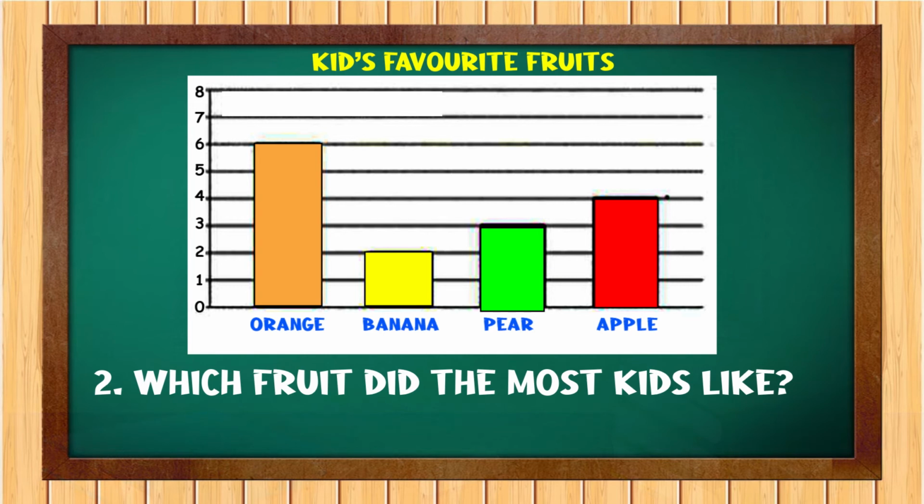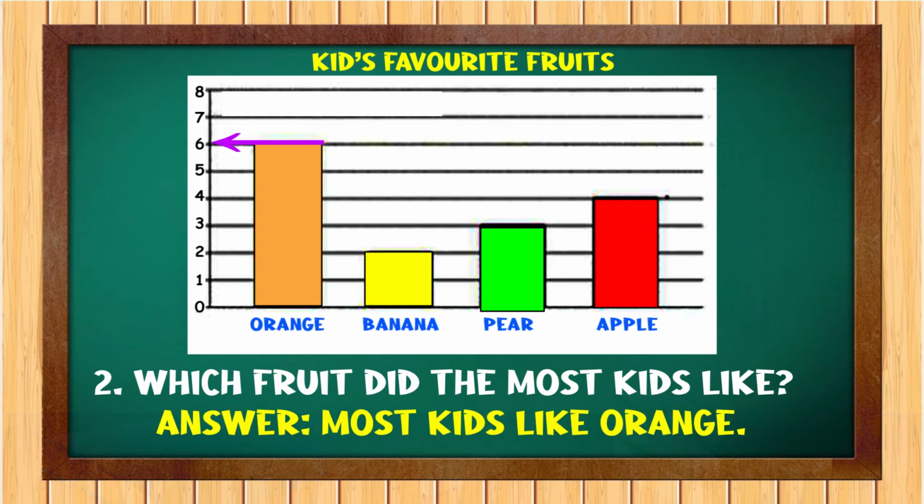Which fruit did most kids like? The key words are most kids like. Well, most kids like orange because orange is the largest bar or the tallest bar on the bar graph.